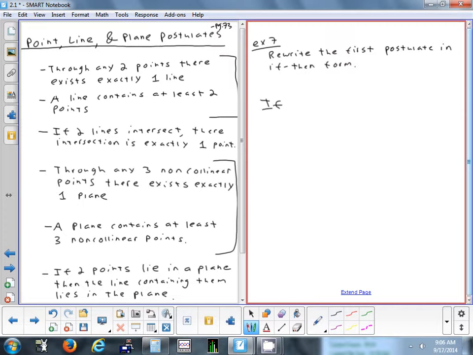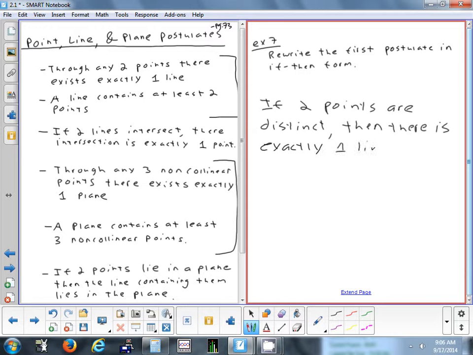So if 2 points are distinct, meaning not the same, then there's exactly one line that goes through them, exactly one line passing through them.